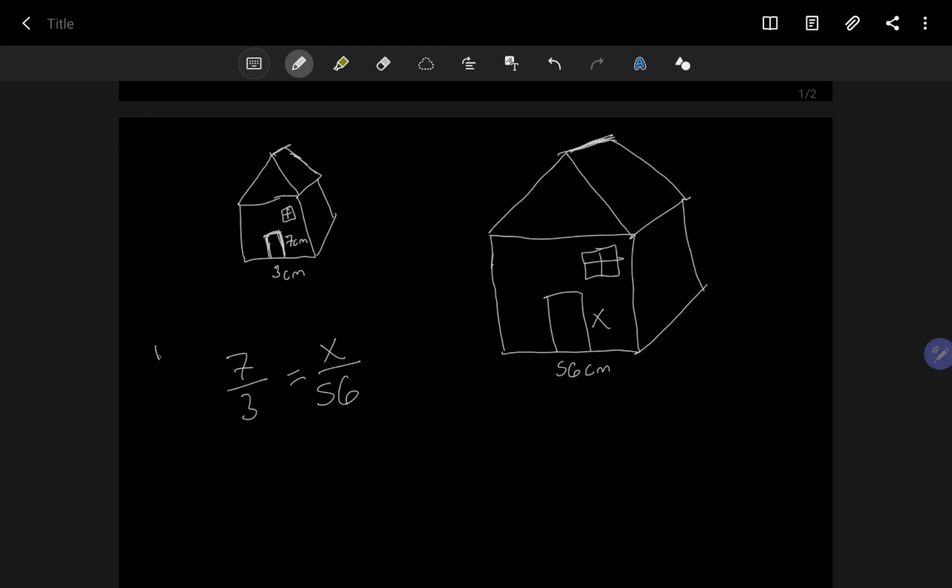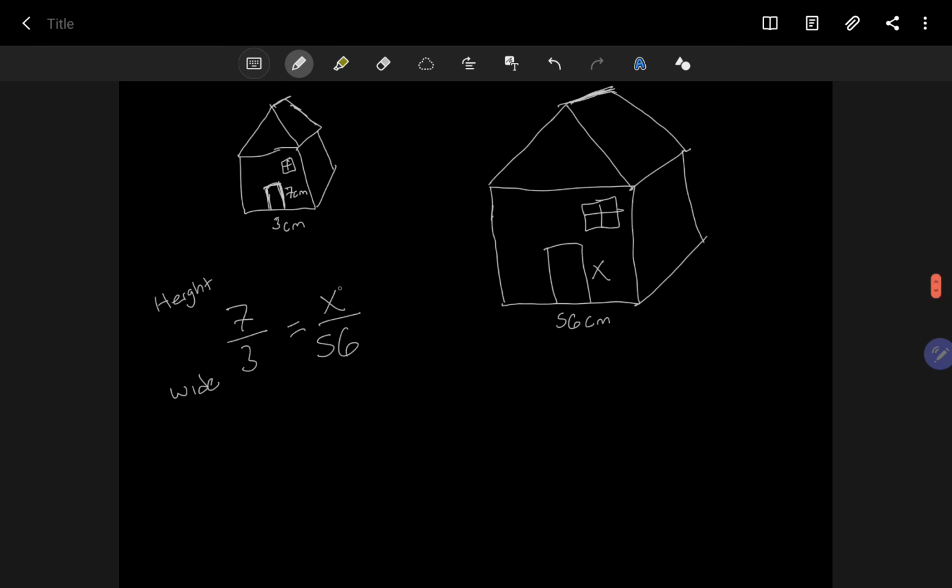So we're comparing them by height and by width, and we have to remember to keep the same units. The height was 7, the width was 3, the height was X, the width was 56. Now I can work this out.